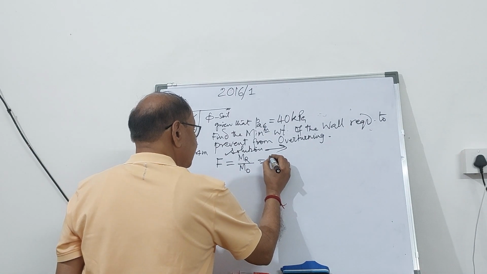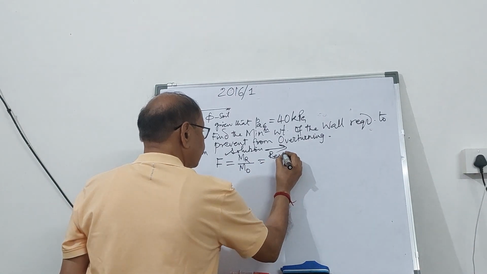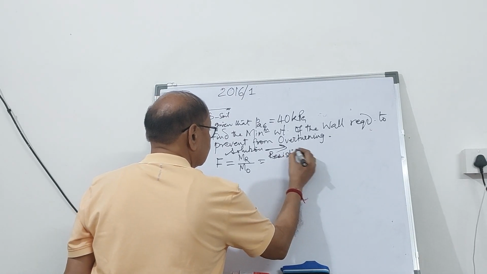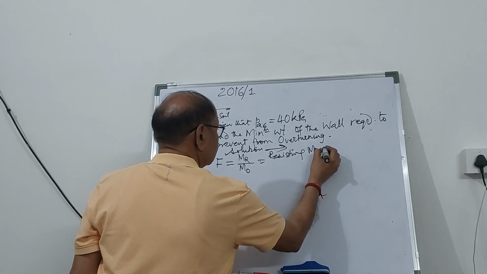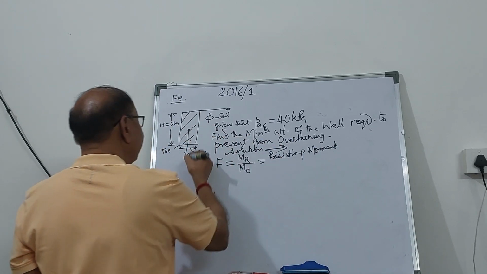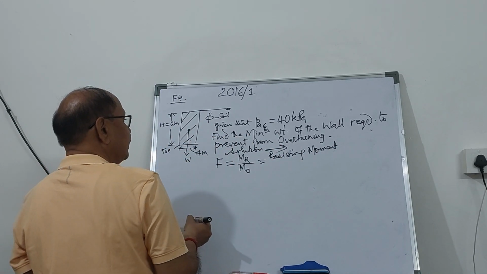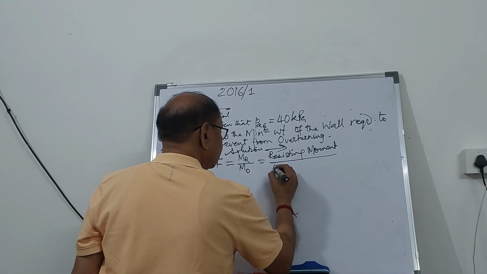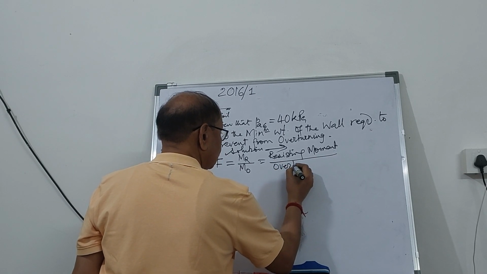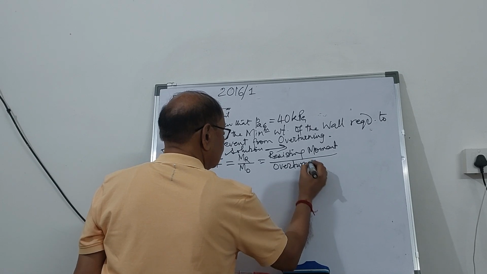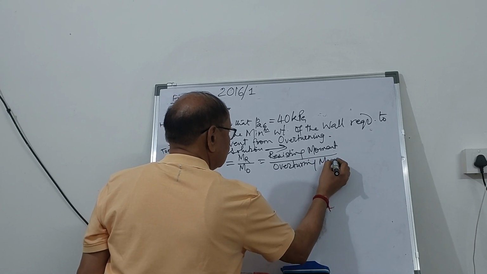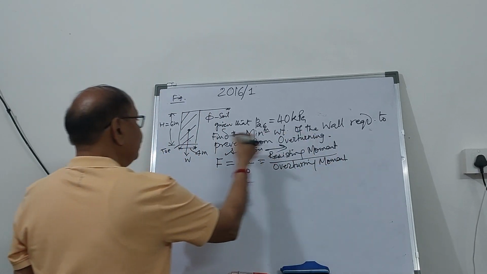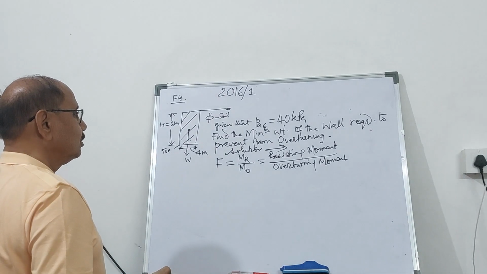So resisting moment will be due to weight, and overturning moment will be due to lateral thrust.